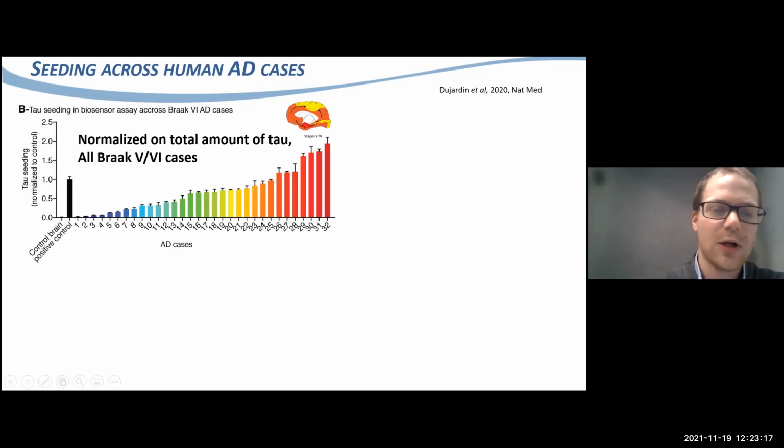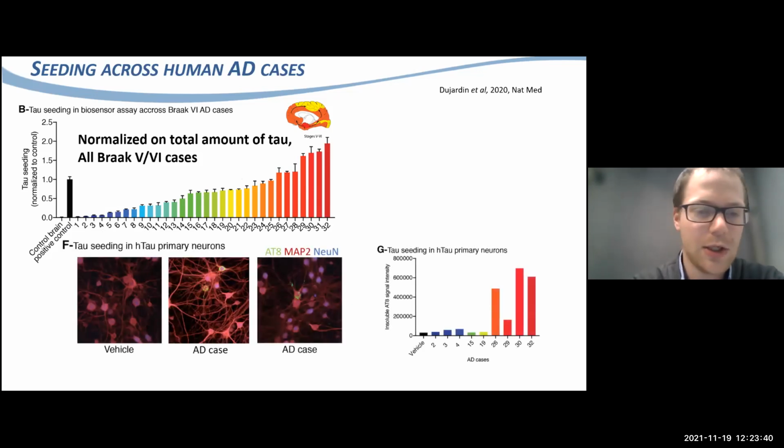And when we were sitting on that, it was quite our surprise that it was actually very heterogeneous, with some cases having very, very high seeding, and some cases fairly low seeding. So we were a bit confused for a moment, like, okay, our assay might be very variable. But it's not an assay problem, because we then confirmed this data using different assays.